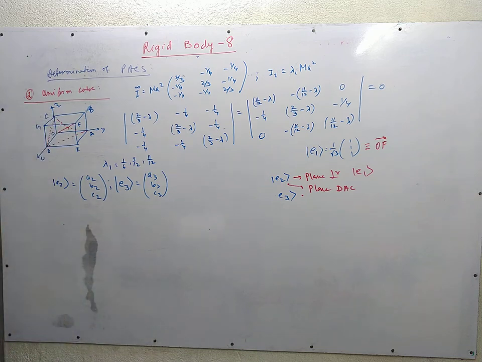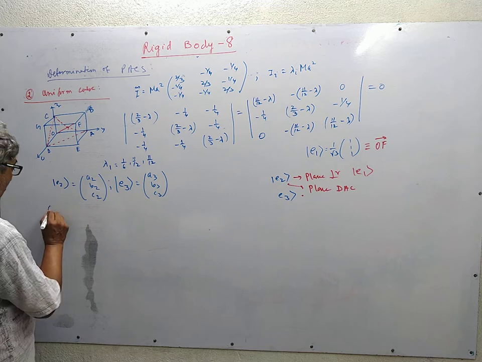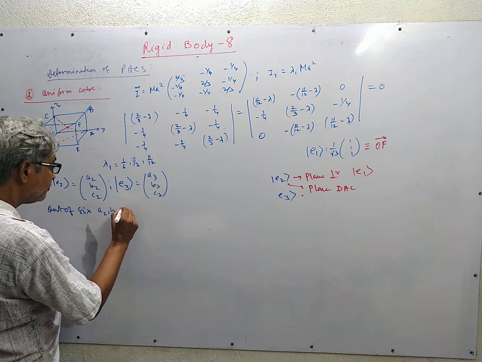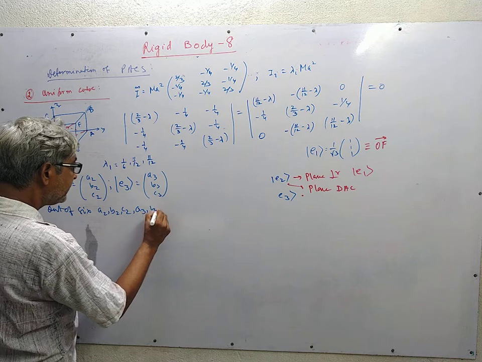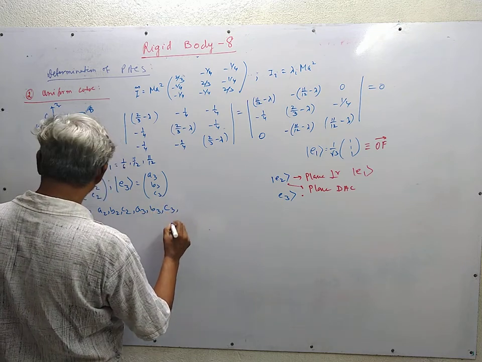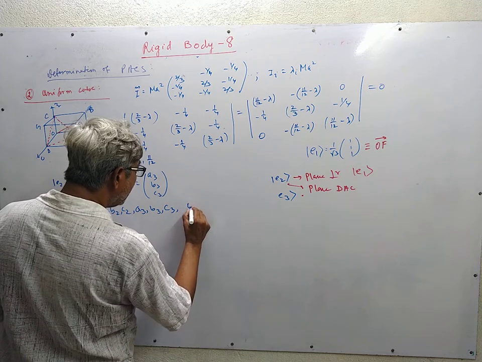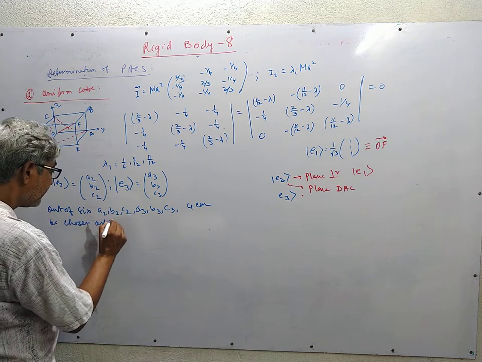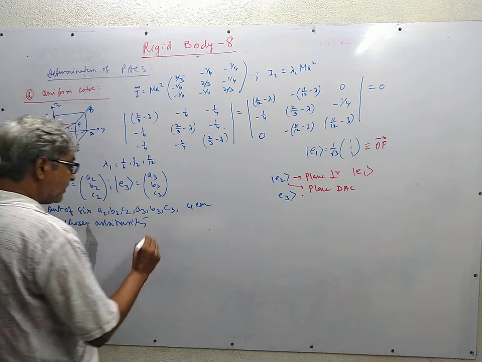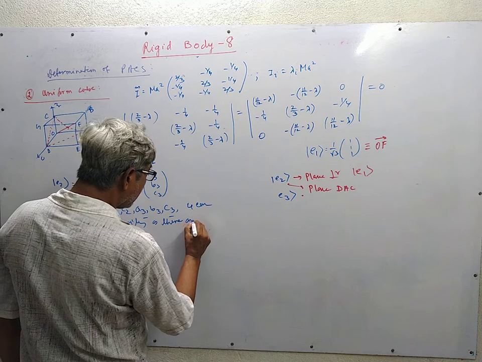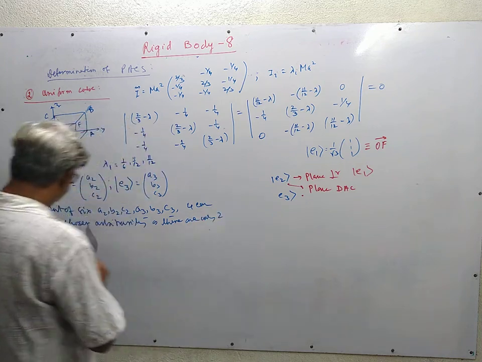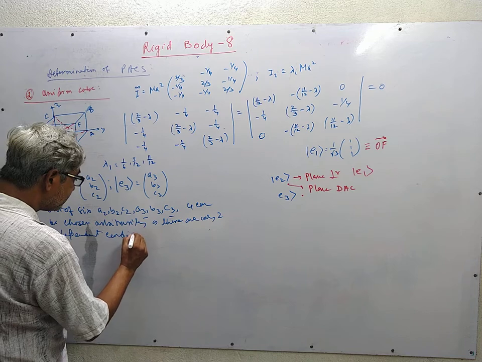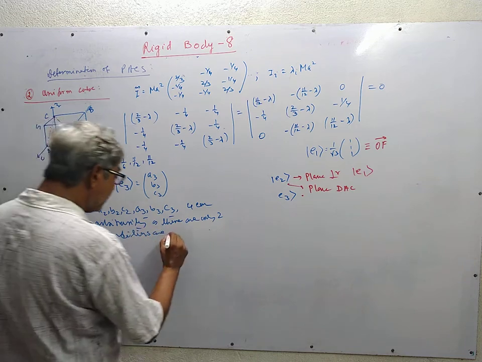Of these 6 we can choose 4 at our will, arbitrarily, as there are only 2 independent conditions available.